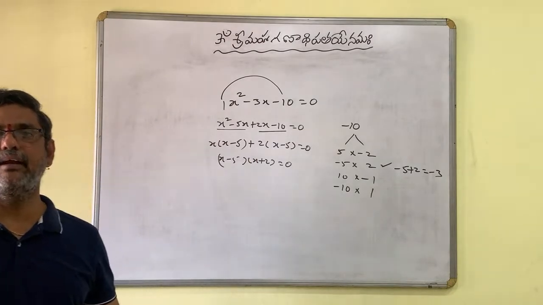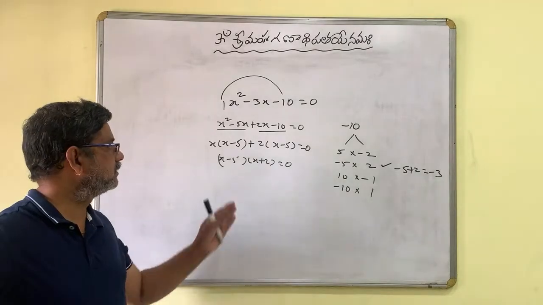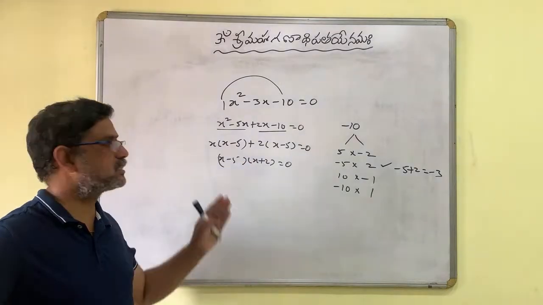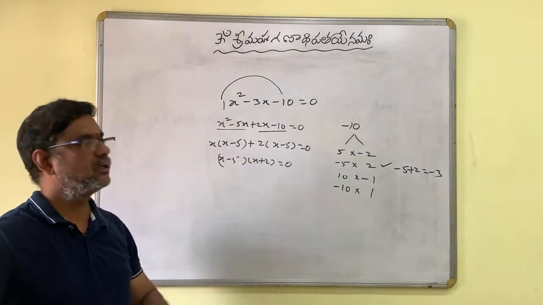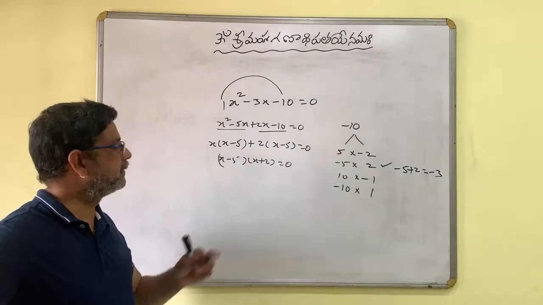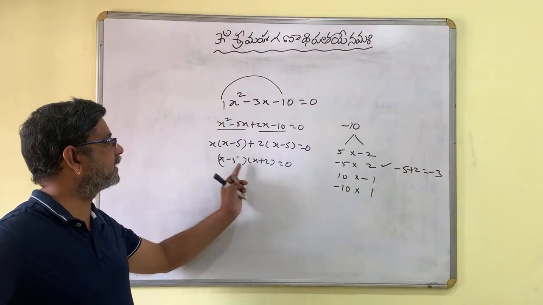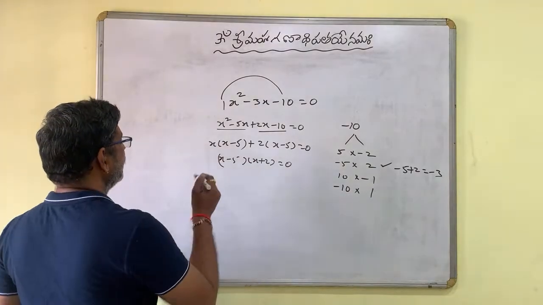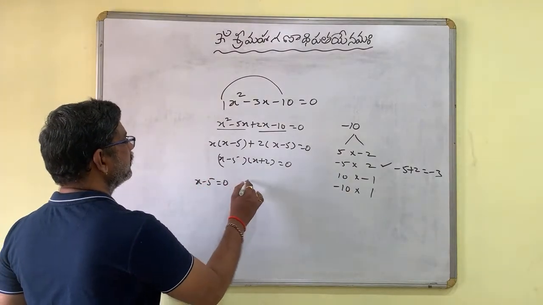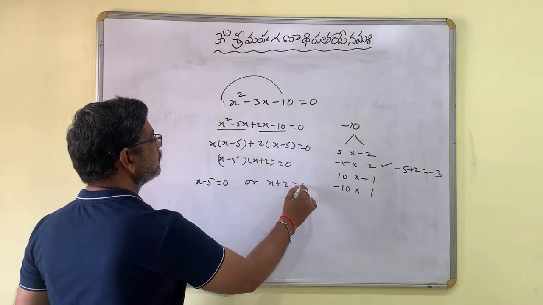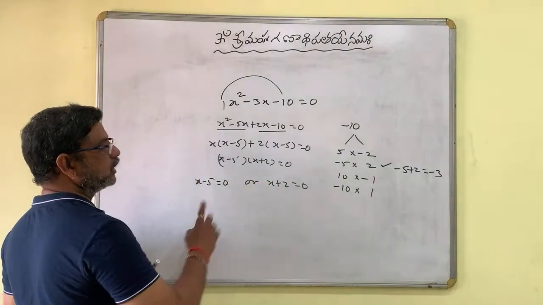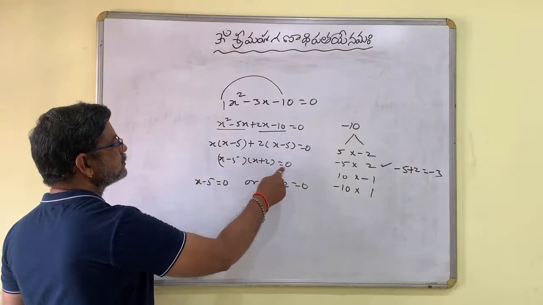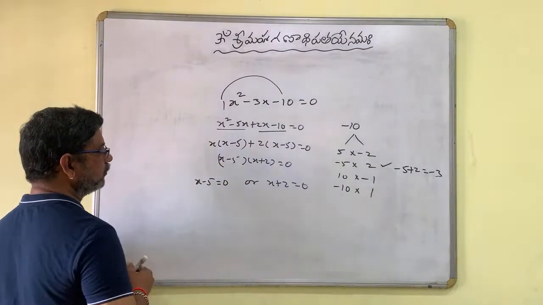And from here one we need to think differently. So first read this one. x minus 5 into x plus 2 is 0. That means when we multiply these two factors, we are getting 0 answer. That means either this one is 0 or this one is 0, because their product is 0.